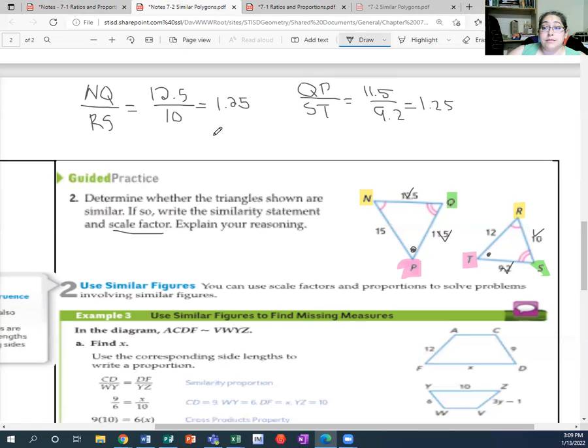All right, last but not least, the yellow to pink side. NP, RT. This is 15. This is 12. Going to my calculator, 15 divided by 12.